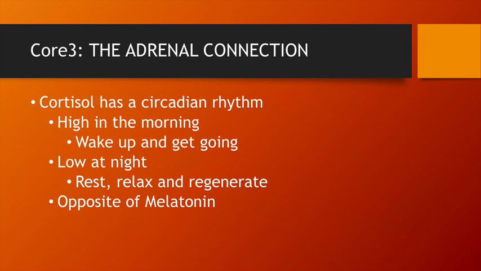And we want to make sure that everything puts us in a position where we can fall asleep, where we can rest, where we can recuperate and regenerate, right? And that's incompatible with having high cortisol. So the circadian rhythm goes like this: cortisol should be high in the morning and it should be low at night, right? That's a circadian rhythm, and it's part of your biological clock mechanism, and it's tied to sunlight, right?